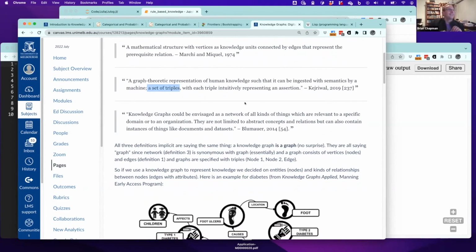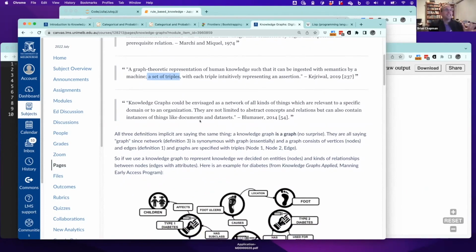And then this last one: knowledge graphs could be envisioned as a network of all kinds of things which are relevant to a specific domain or to an organization. They are not limited to abstract concepts and relations, but can also contain instances of things like documents and data sets. I found a paper about knowledge graphs and diabetes home management.